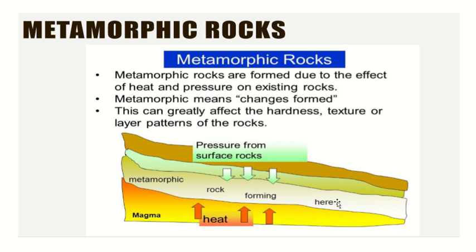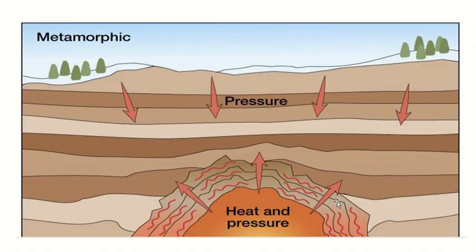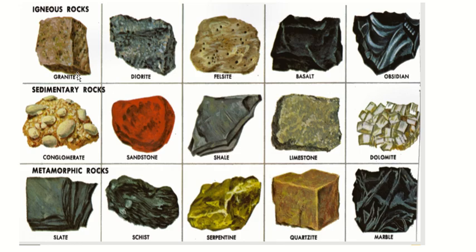This heat is caused by geothermal pressure, the Earth's pressure present deep inside the Earth. Because of that heat and pressure, changes occur in the existing rock, and that is called metamorphic rock.